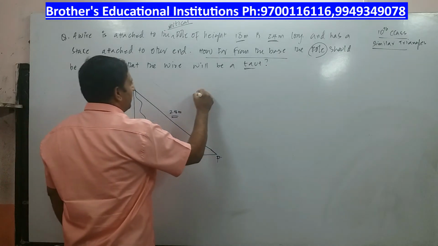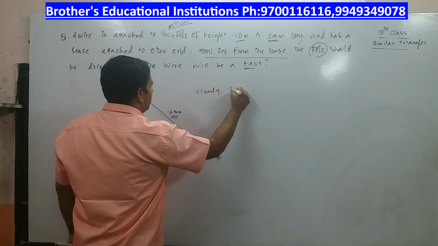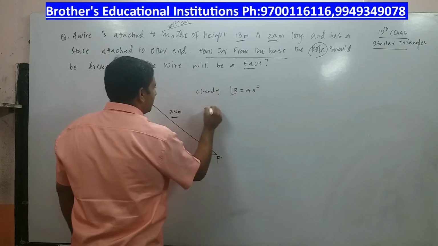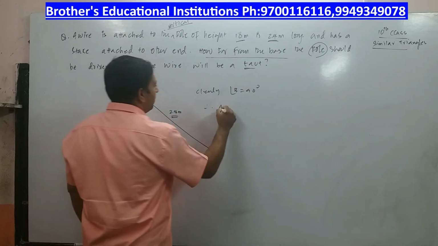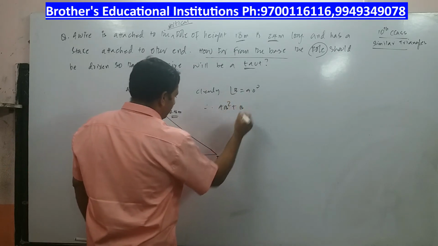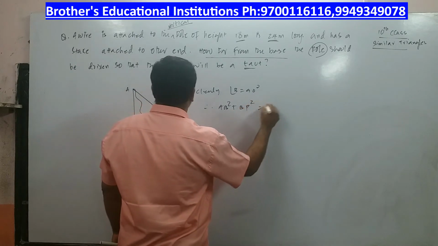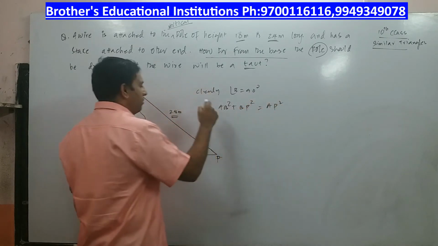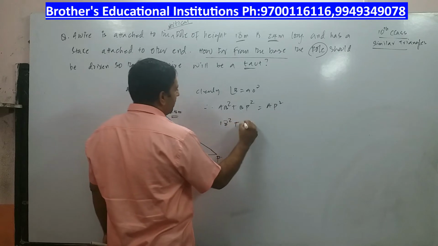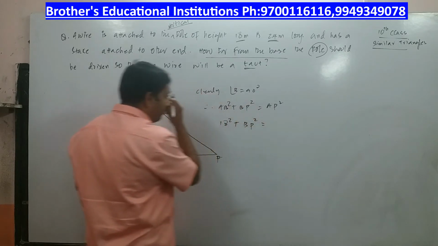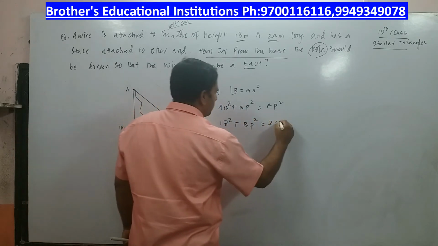I will say clearly angle B is equal to 90 degrees. Therefore, AB square plus BP square is equal to AP square. What is AB square? 18 square. BP square, we don't know. What is AP square? AP square is 24 square.